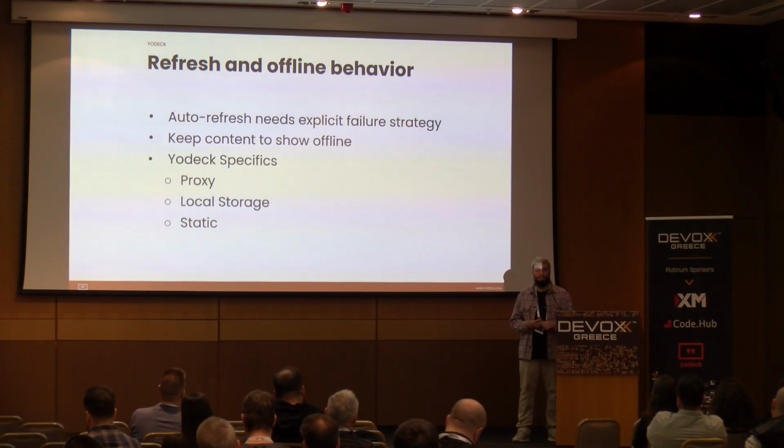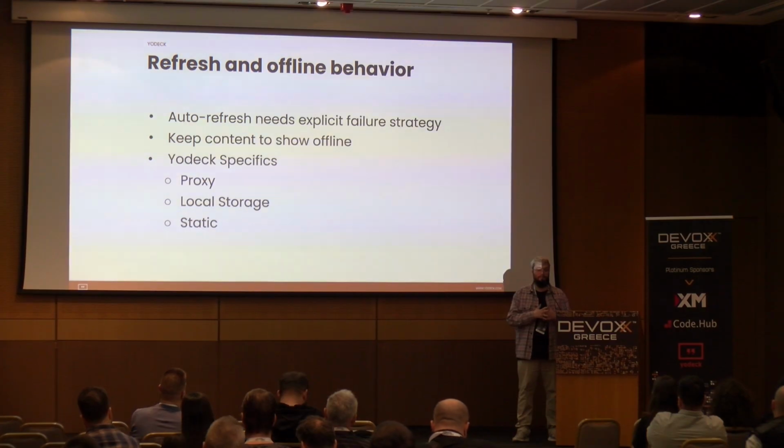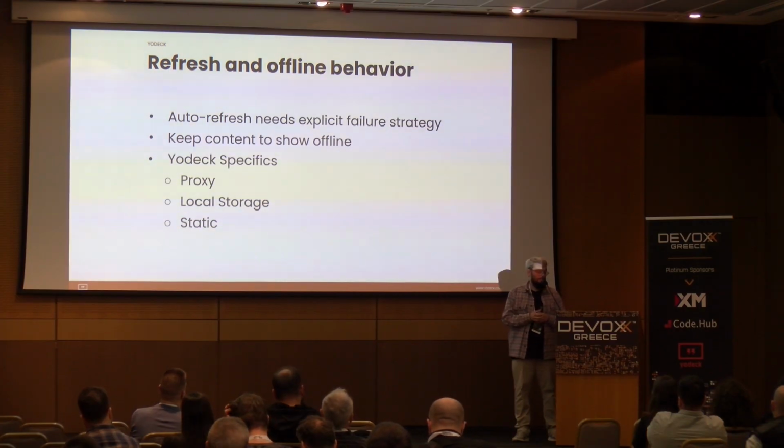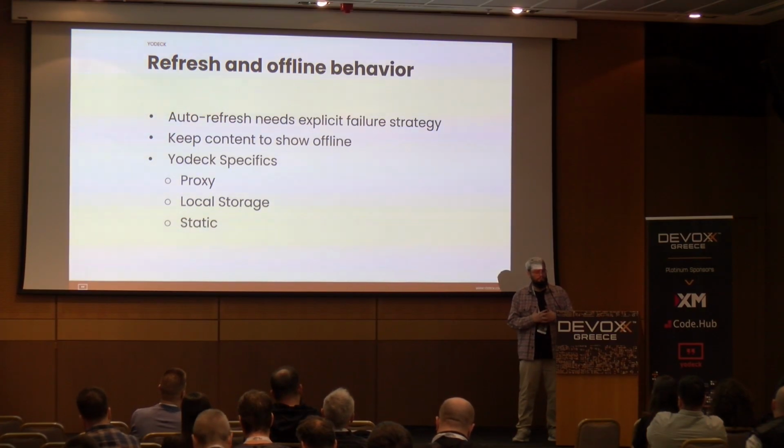And I say we try to collect data because there are a lot of times that the internet connection might not be stable, we might have some errors. And that's when we want to keep content so that we can show it when it's offline or it has errors. We do that in many ways, actually.